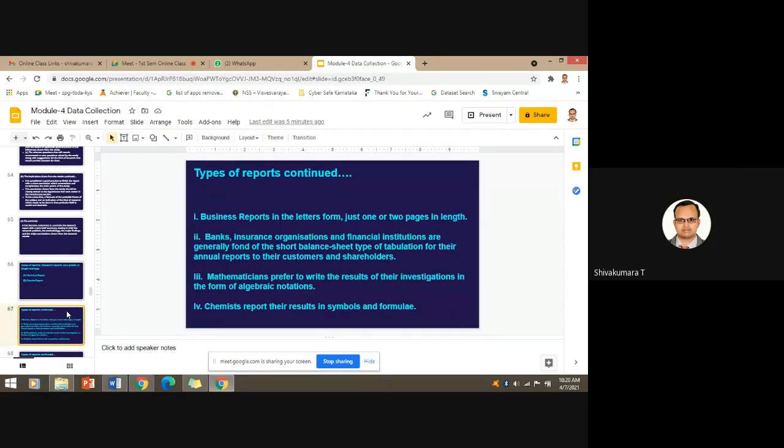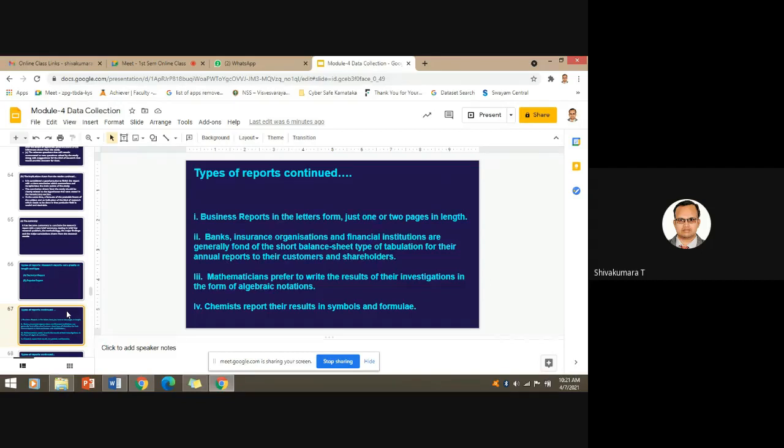Financial institutions like banking report how many crores of money lending happen, how many debts and liabilities there are, etc.